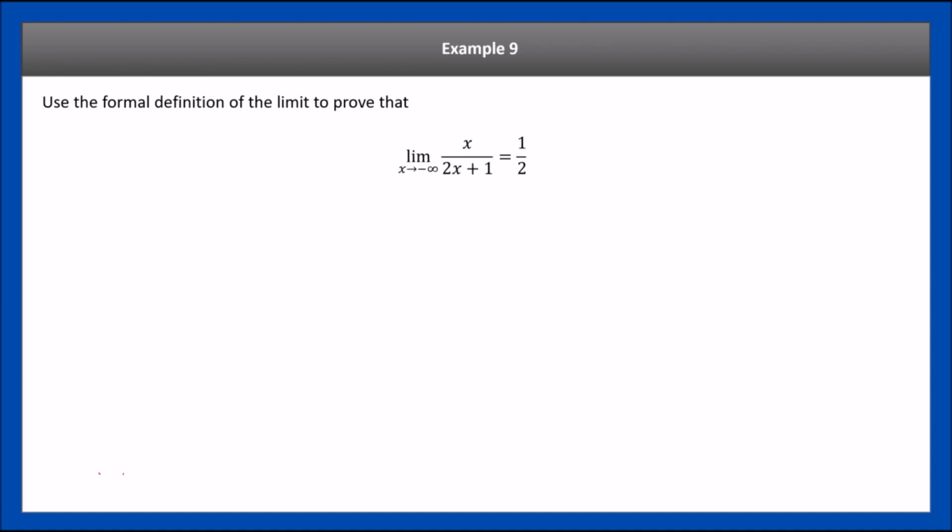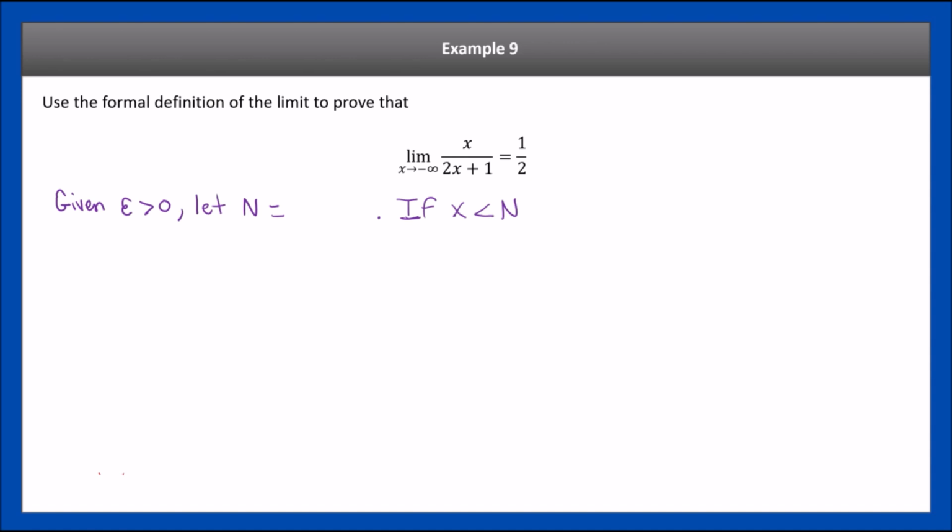So in that case, let's say given positive epsilon, let n be equal to some quantity. If x is less than n, so x has to be less than n because it's got to be negative.